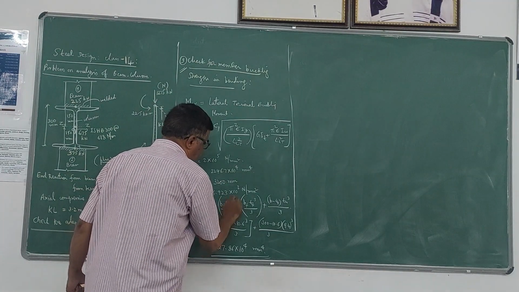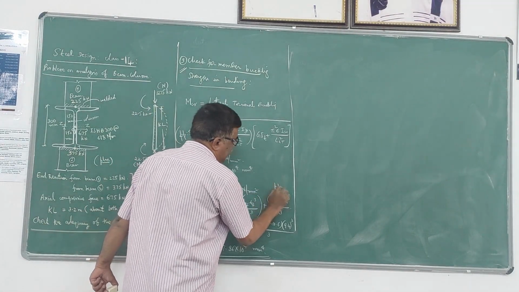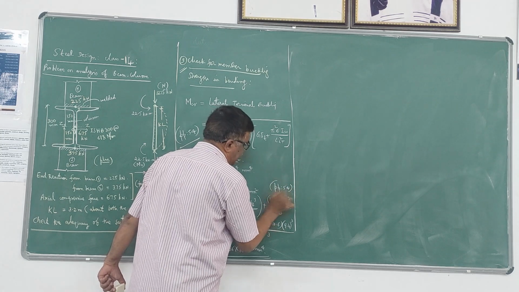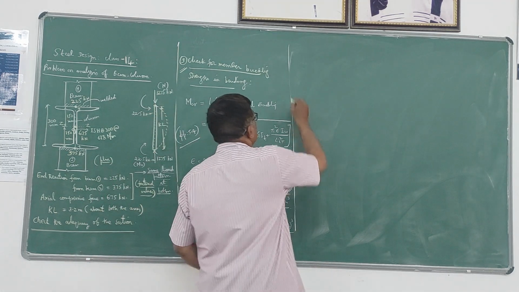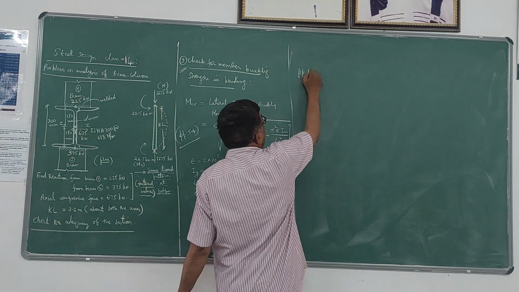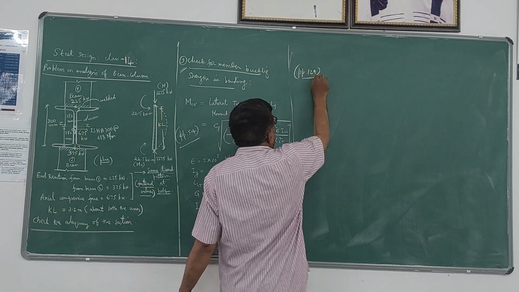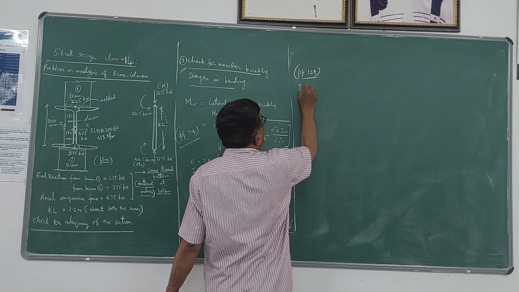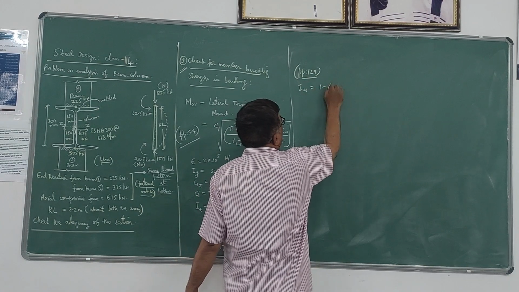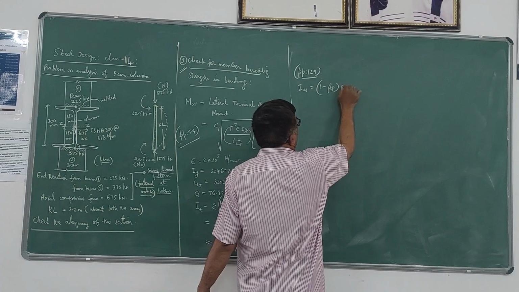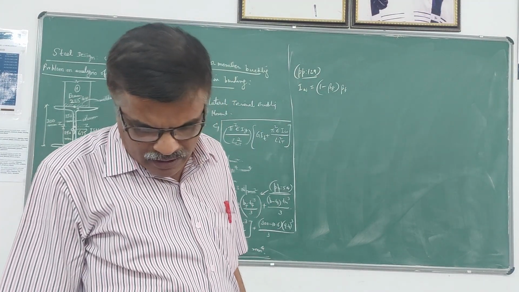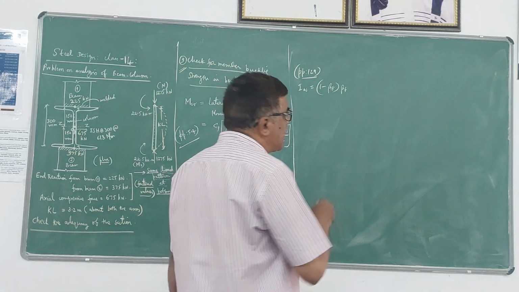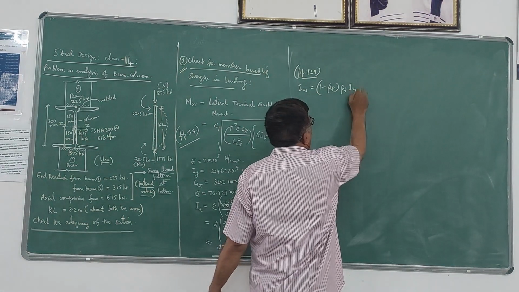All this I have explained in the design of laterally unrestrained beam. Next, coming to page number 129, you can use this formula for calculating IW, which is 1 minus beta f into beta f into Iy into hf square or hy square.